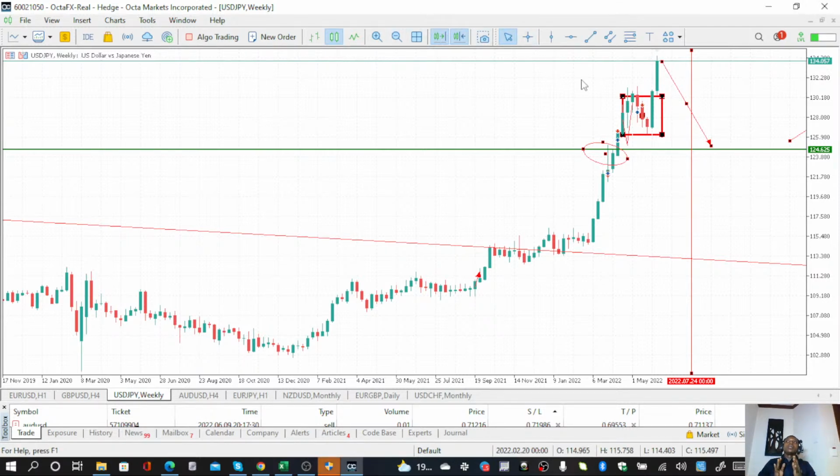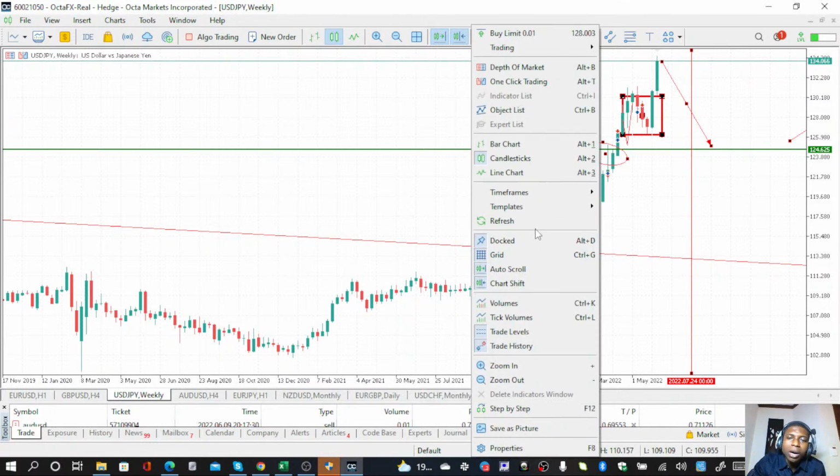So currently the best thing for you to do is to stay away from this kind of market, because there's no trading opportunity here, except on the lower time frame you see the bearish signal, then you can take advantage of it. Right now does not look like the best time to buy. Right now does not look like the best time to sell either, because to sell you need a confirmation.